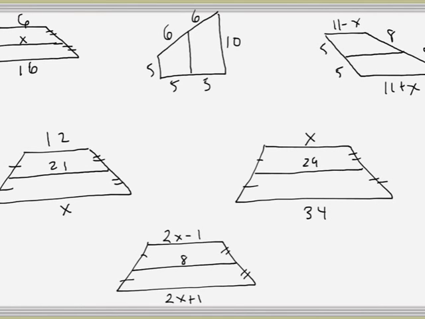X is the median. We can tell because we've got the little segments that are marked as being the same, so we know it's connecting the midpoints. To find a median, we are told by theorem that it is the average of the bases. So we take the two bases and add them together and divide by 2. And I get 22 divided by 2, which is 11.